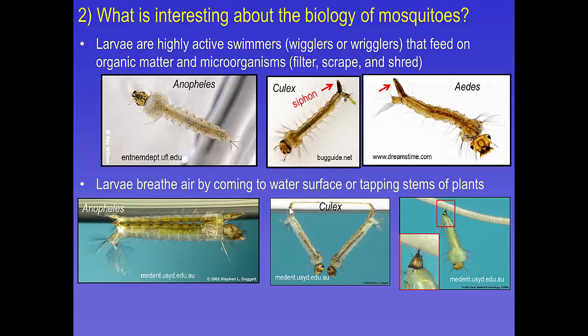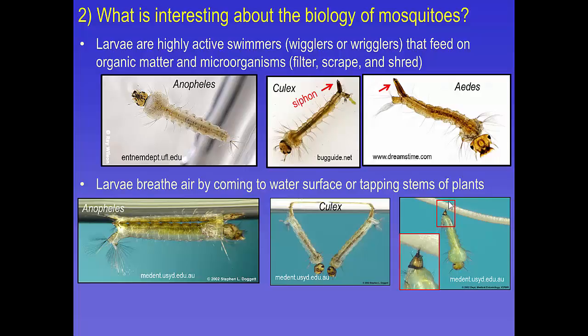Now, this is not a foolproof control strategy because some mosquito species have actually evolved a very sharp respiratory siphon. And this is what you see on the right, highlighted by the red box. And this sharp piercing siphon allows them to pierce the air-filled stems of submerged aquatic vegetation.